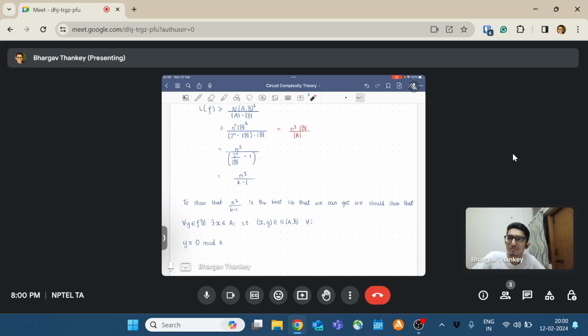I think the way you were initially going for the proof, you would have to show one more thing: that removing a particular y from B, and the neighbors which correspond to this particular y only, removing both of them in A would not give you a better lower bound. Not only would it not give you a better lower bound, it might.